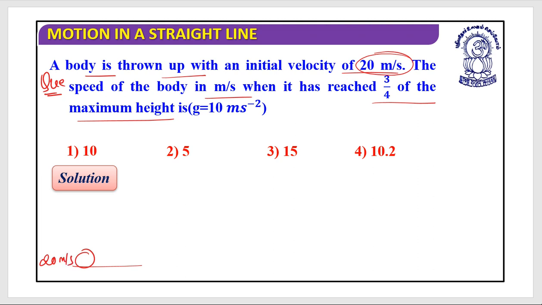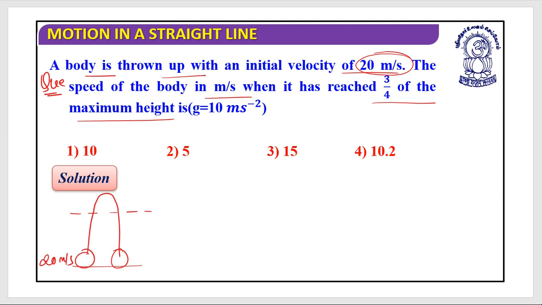It must be moving like this and will come back to the land. And what do you require? You require the speed of the body when it has reached 3/4 of maximum height.